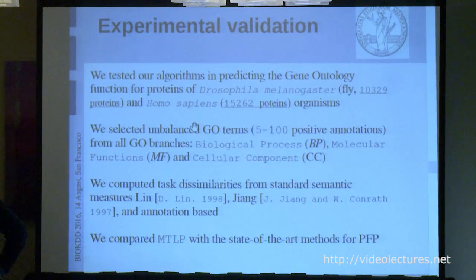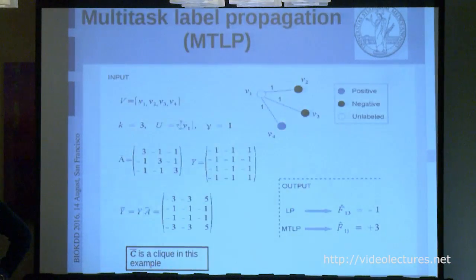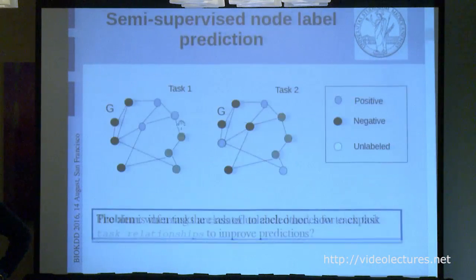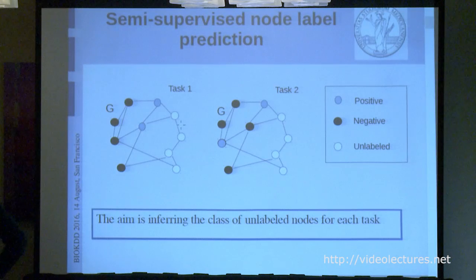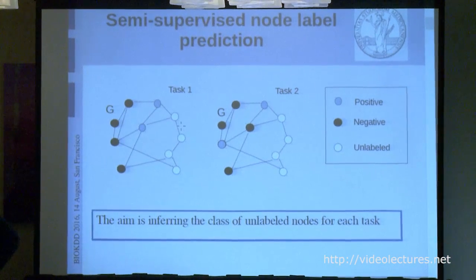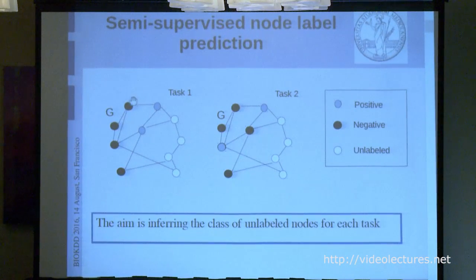I want to remark that this setting is a very general setting. In our experiment, each node is a protein. The connections are any kind of protein similarity that has been computed by considering different kinds of experiments, and a link here can be the integration of different information among proteins.